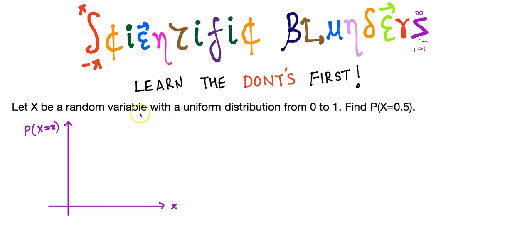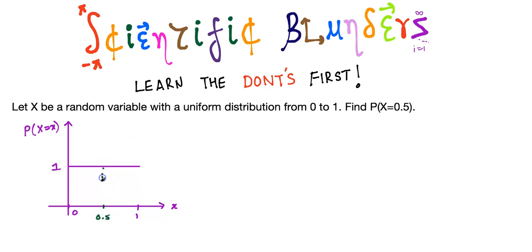And so this is a standard uniform distribution from 0 to 1, which means the probability density would be a constant value of 1 everywhere, so that the area under the curve equals 1 by definition of a probability distribution. Okay, perfect. So now we want to find the probability that x takes the value 0.5.